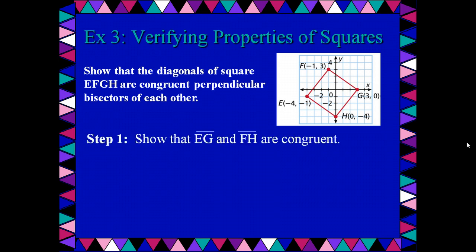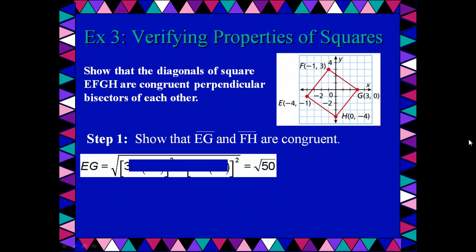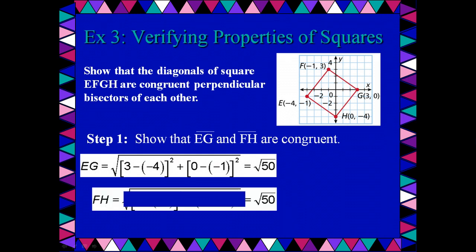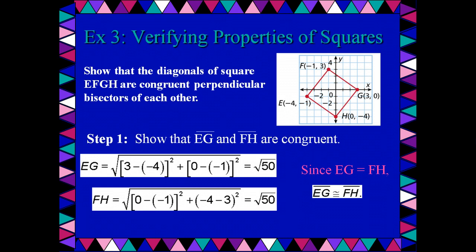So step 1, show that EG and FH are congruent. For EG, we use the distance formula and we get that it equals the square root of 50. For FH, we use the distance formula and we get that it equals the square root of 50. So they are congruent. Since EG equals FH, then EG is congruent to FH. So the first part of what we're showing is shown.